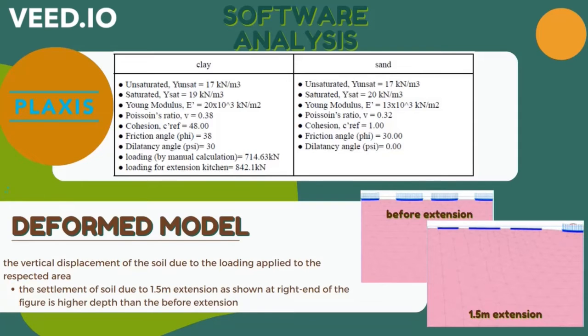For the diagram before extension, the settlement of the soil is slightly lower compared to the 1.5 meter extension. This is because the diagram before extension shows the settlement due to the pile foundation only. But for the 1.5 meter extension, the right end of the figure reaches a greater depth compared to before extension, as we extend the kitchen by 1.5 meters.